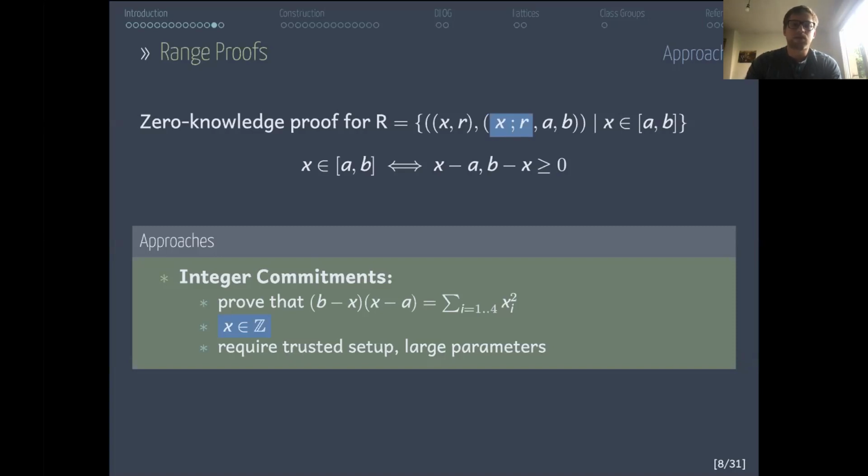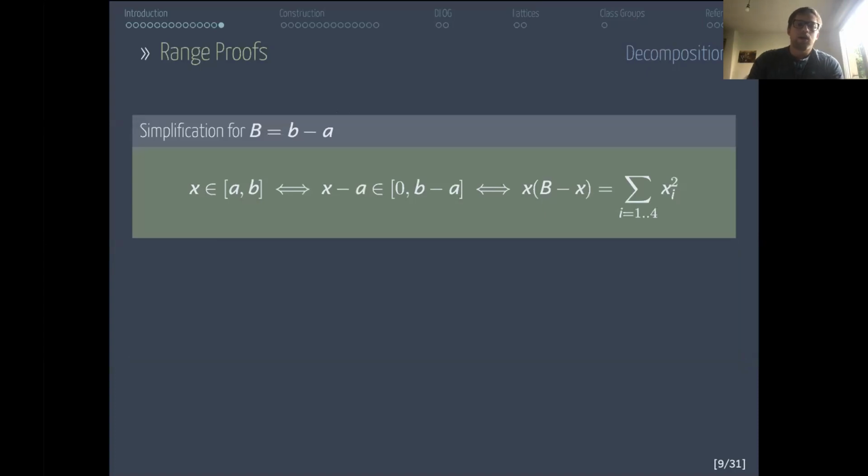So first of all, we simplified the equation a bit, because it gets easier to read and to understand. It doesn't matter too much for the result. So essentially, instead of showing that x is in [a, b] with the decomposition as before, we just show that x minus a is in [0, b minus a], and then we can just have one range variable, capital B, and we show that x times (B minus x) is equal to the sum of 4 squares.